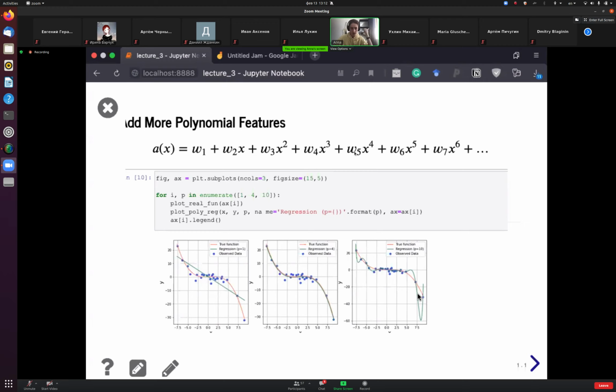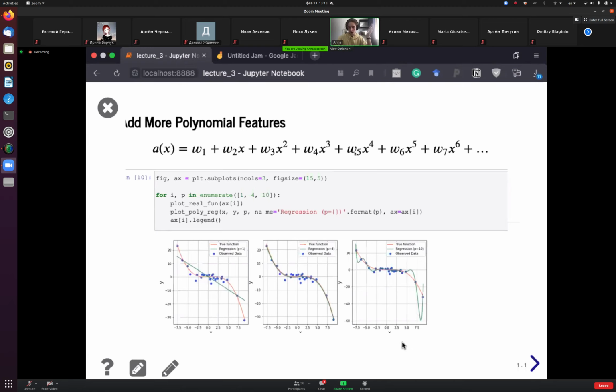So this problem, as Alexander correctly mentioned in the chat, is called overfitting. It happens when the model you've chosen is too complex for the data that you have. What we start observing is that our model starts memorizing the training data set, trying to perfectly fit it, but the generalizability, so how the model will perform on unseen data, becomes really poor.